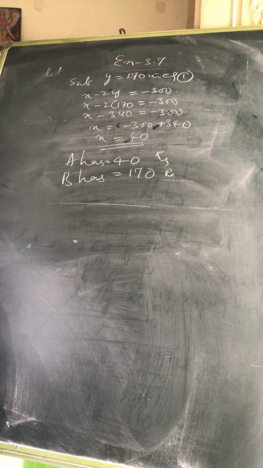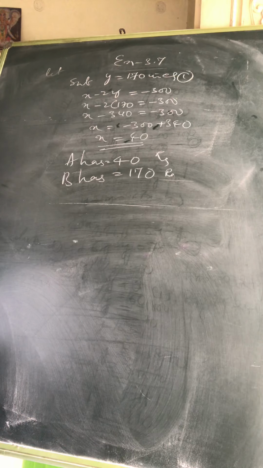It is not possible now, but I can explain. Once again I am reading the question. The train covered a certain distance at a uniform speed. If the train would have been 10 kilometers per hour faster, it would have taken 2 hours less than the scheduled time. And if the train were slower by 10 kilometers per hour, it would have taken 3 hours more than the scheduled time.